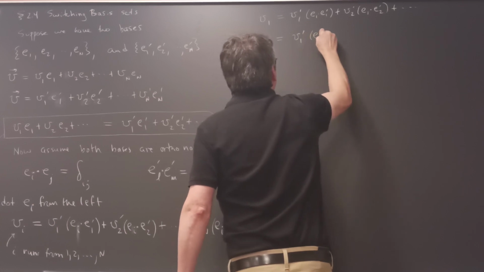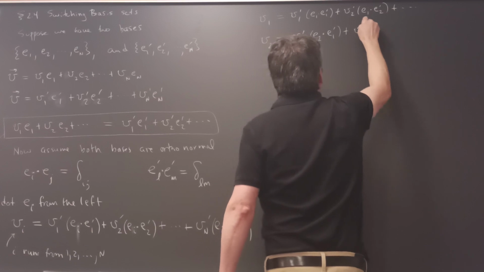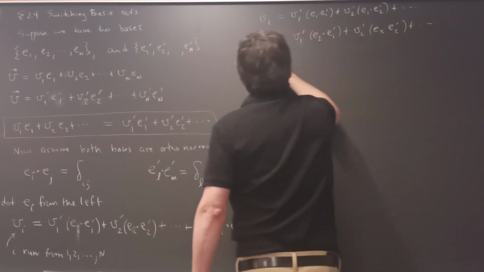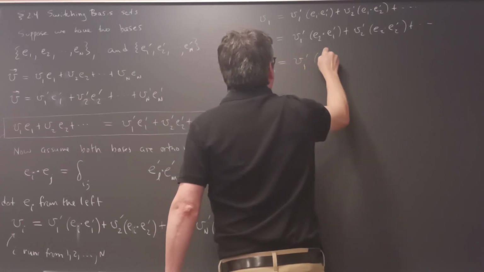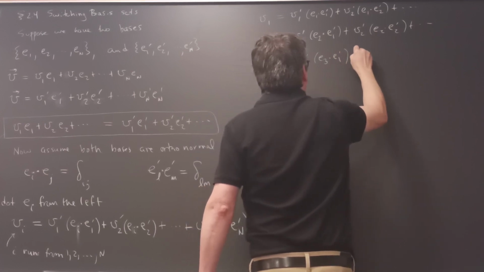And V2 is V1 prime E2 dotted with E1 prime plus V2 prime, and so on. V3 would be V1 prime, V3 dotted with E1 prime.